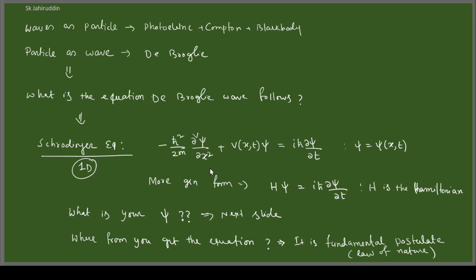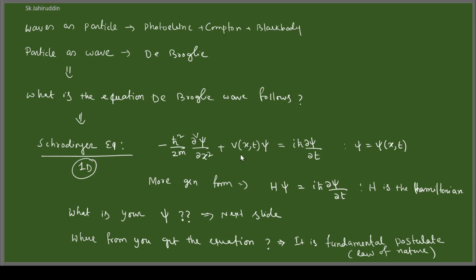Some unknown quantity psi is there. You take the double derivative of that psi, multiplied by minus h bar square over 2m, where h is Planck's constant, and add V, your potential, multiplied by your psi.